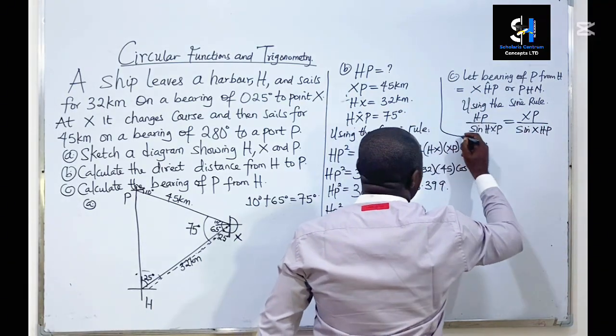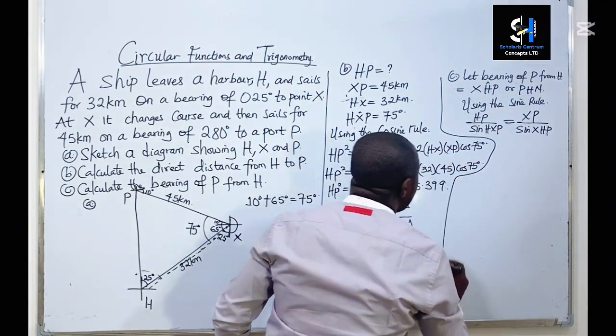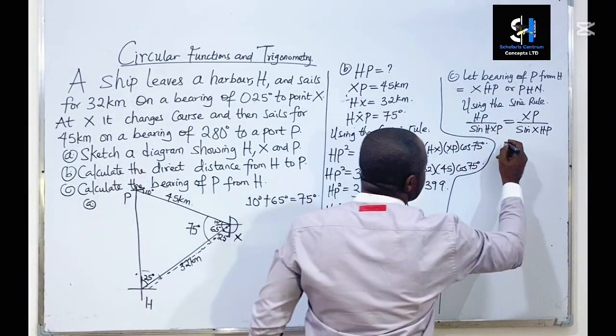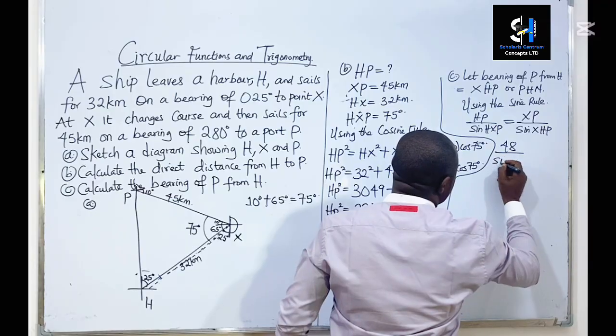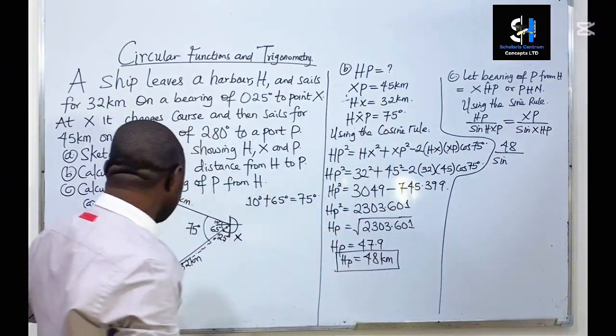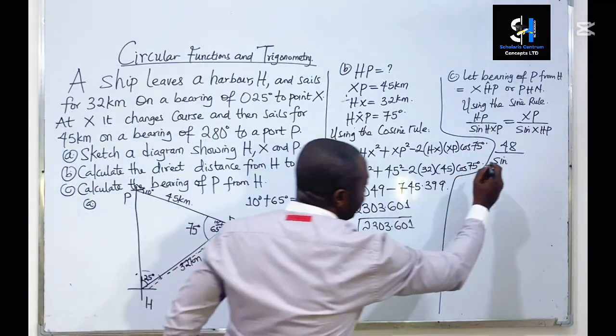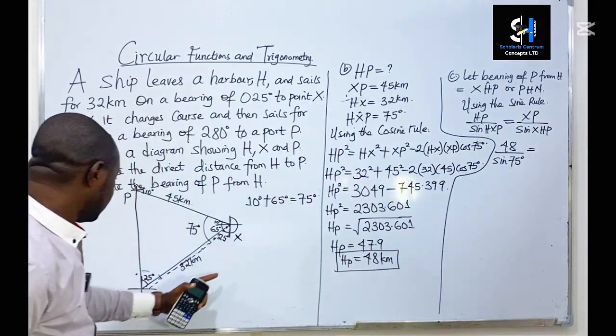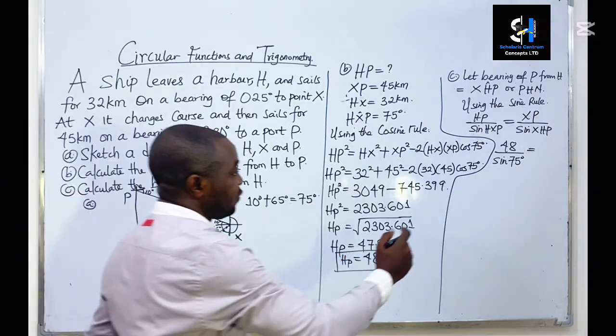We have HP to be 48, so this is 48 over sine 75 degrees. That is HXP, 75 degrees. And that equals XP, which is 45, over sine XHP.